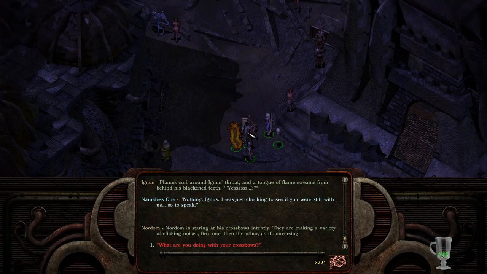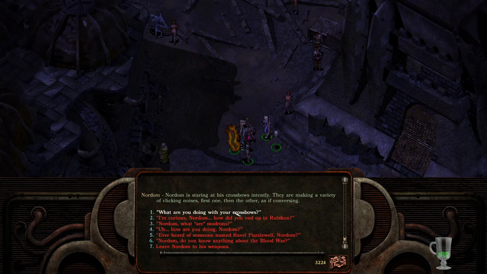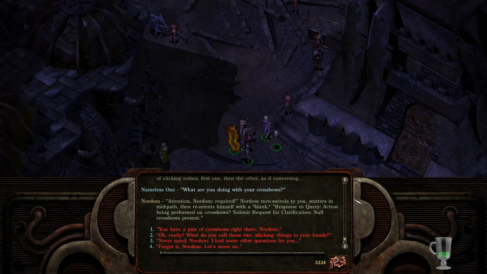What are you doing with crossbows? Attention, Nordom required. Nordom turns his swivels to you, stutters in mid-path, then reorients himself with a clank. Responds to query. Action being performed on crossbows? Submit request for clarification. No crossbows present. A pair of crossbows right there. Oh really, what do you call those two clicking things in your hands?